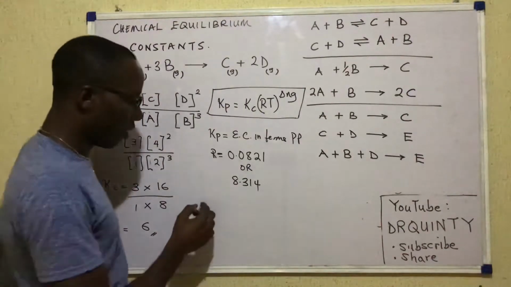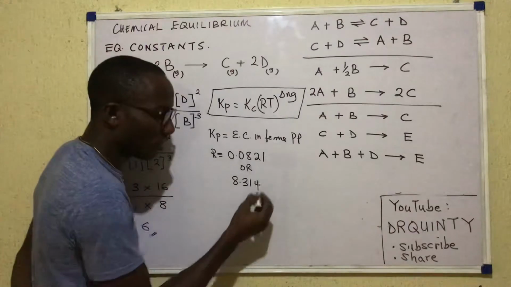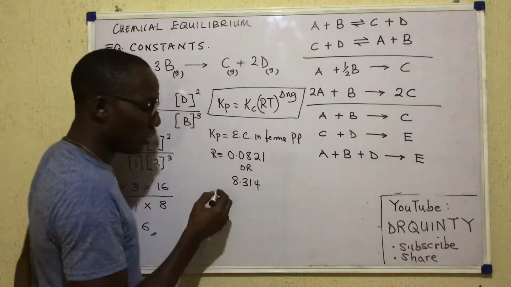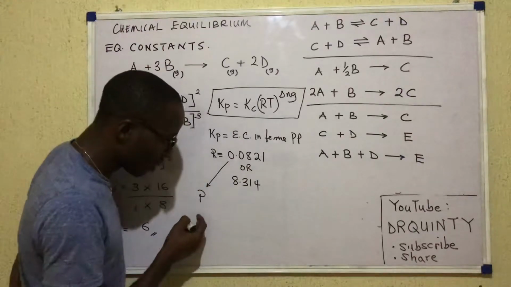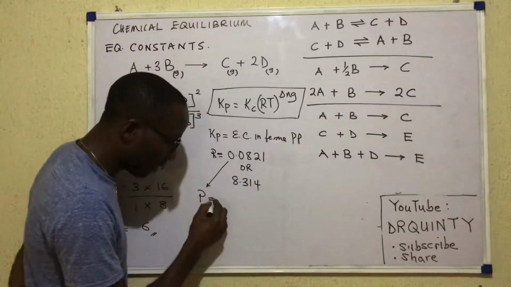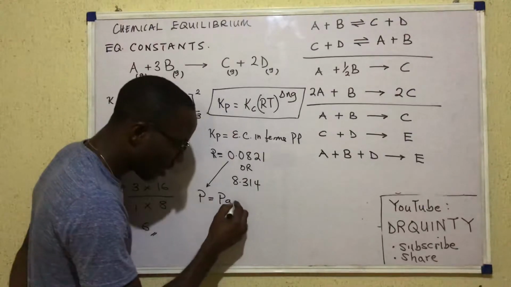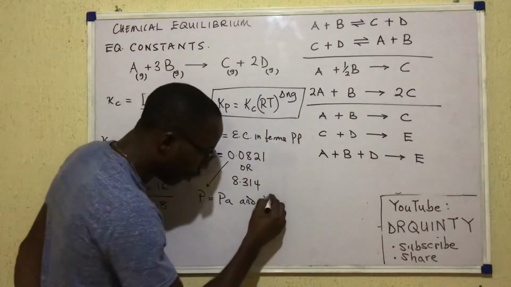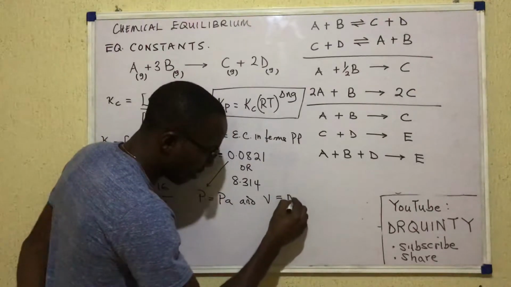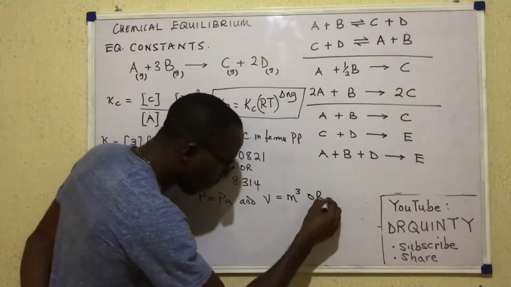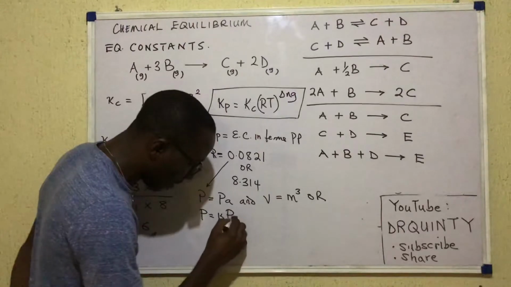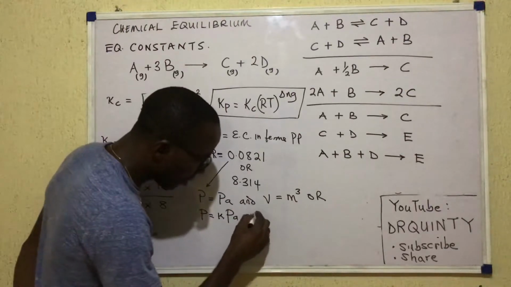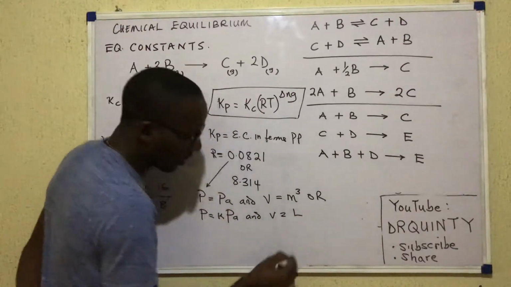The value of R as 8.314, we use that when pressure is in pascals and volume is in meter cube, or pressure is in kilopascals and volume is in liters.